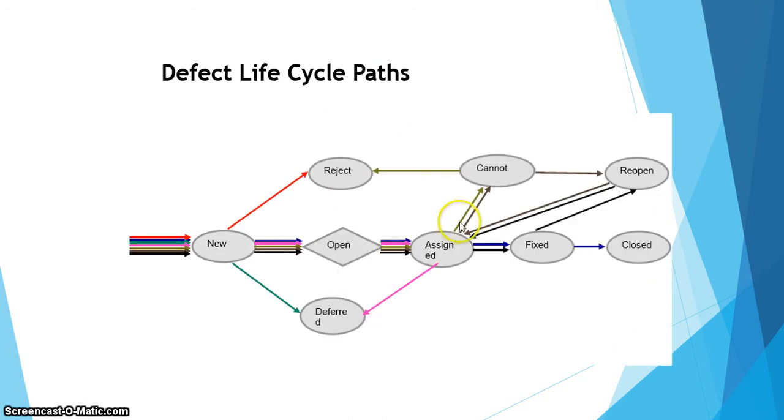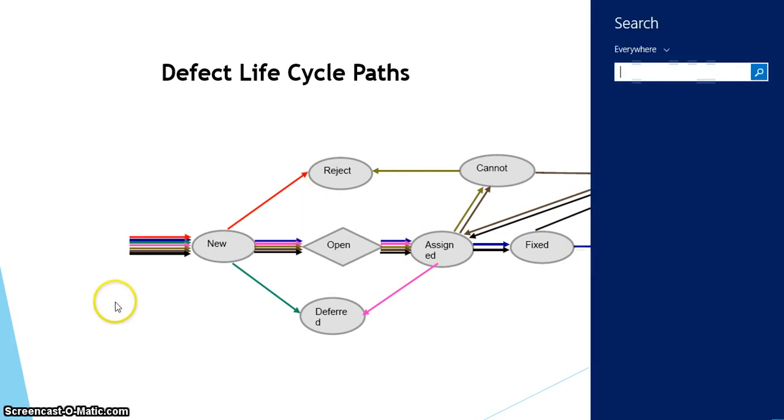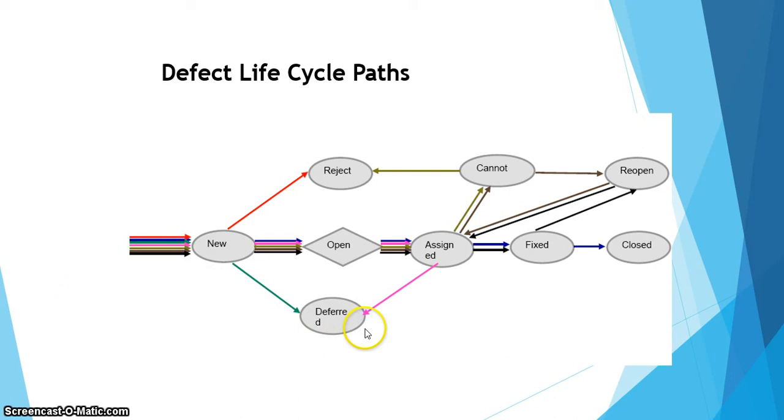So now you can see the path over here, which is new to reject, or new to open, open to assigned, assigned to fixed and then closed, or assigned to cannot fix to reject and closed, or assigned to fixed and then reopened and then back to assigned, fixed and then closed, or a new defect may be deferred as well, because it may be deferred because it is being prioritized for a future release in agreement with the client.